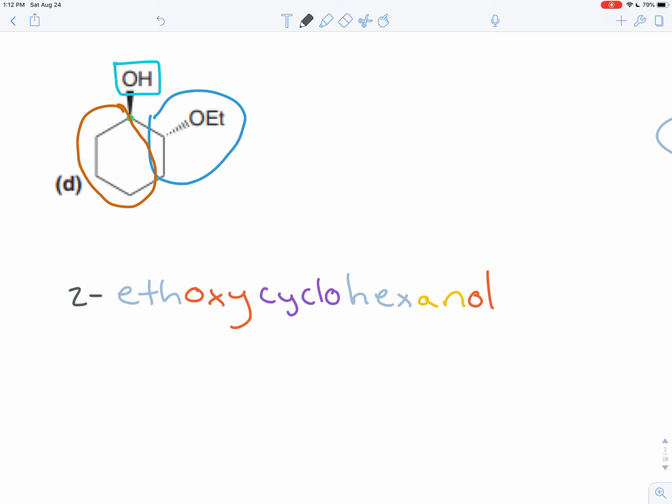And so going away here is going to be a hydrogen. That's the only group that wouldn't have to be written in. That could be sort of implied and invisible. Okay, so we do have 4 different groups here. So this is a chiral center.